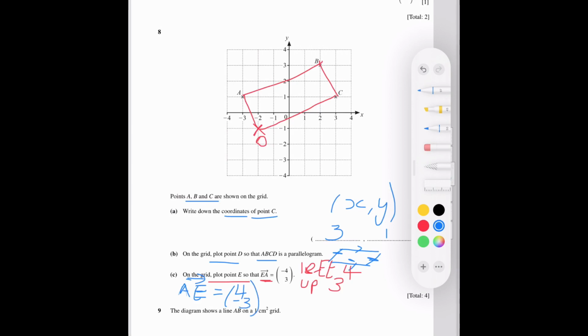So we start at A, and we go across 4 to the right, and then we go down 3 to -2. So our new point is going to be at 1 and -2. Make sure we label it with the E so we can see that.